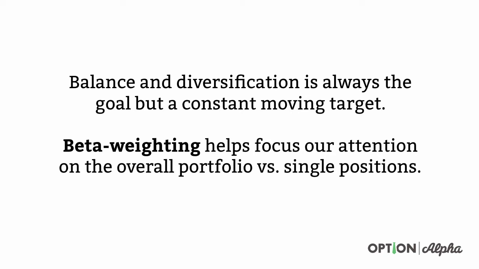So now it brings everything together and says, okay, if I have a basket of gold and industrials and consumer staples and financials or whatever the case is, what does that look like brought together if it was one big S&P 500 position or one big DIA Dow Jones position or whatever the case is. So that's why we like to use portfolio beta weighting, because it helps focus and hone in our attention on what we should be doing.